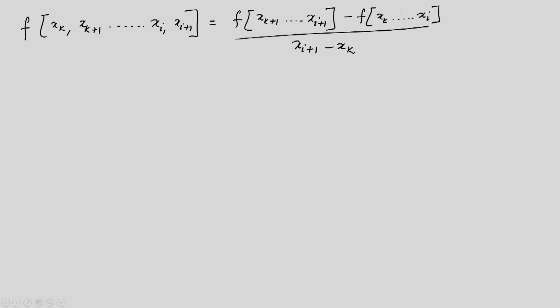That is the two extreme points, the difference between the two extreme points. So, these are called divided differences.